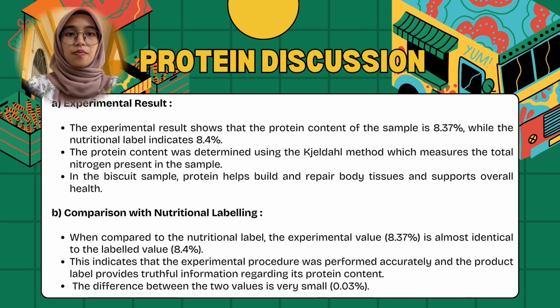In biscuits, protein plays an important role in building and repairing body tissues and supporting overall health. When we compare the experimental value to the label value, we can see that they are almost identical with only a small difference of 0.03%. This shows that our experimental procedure was accurate and the product label provides reliable information about its protein content.